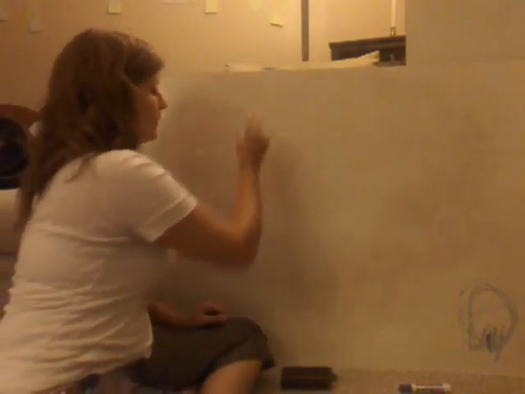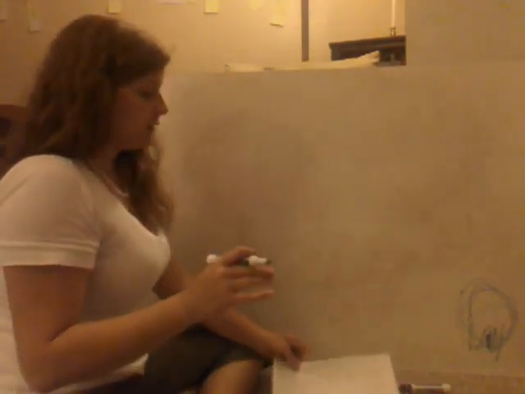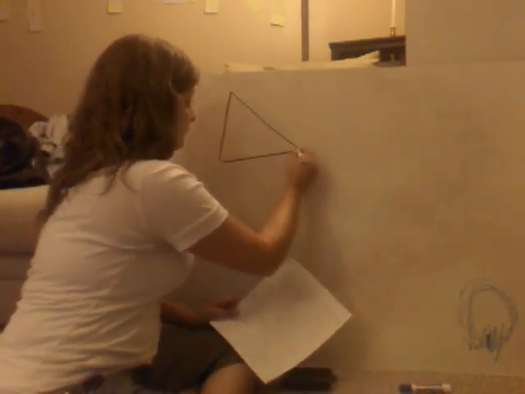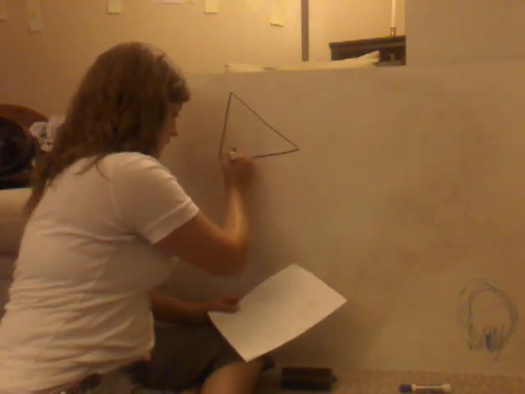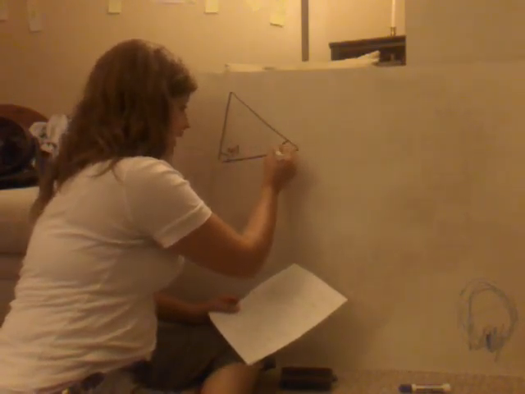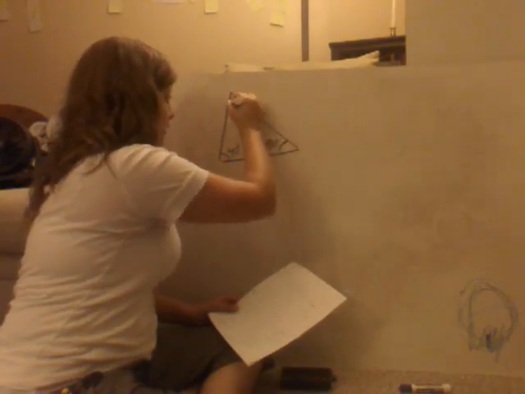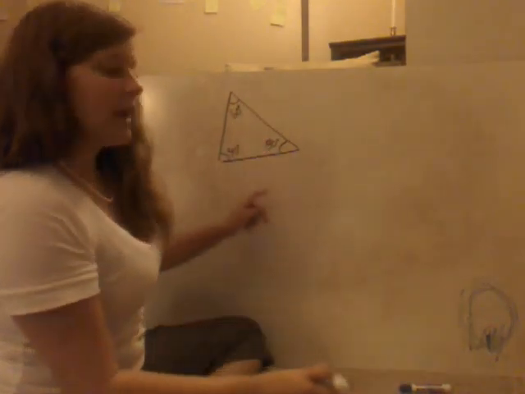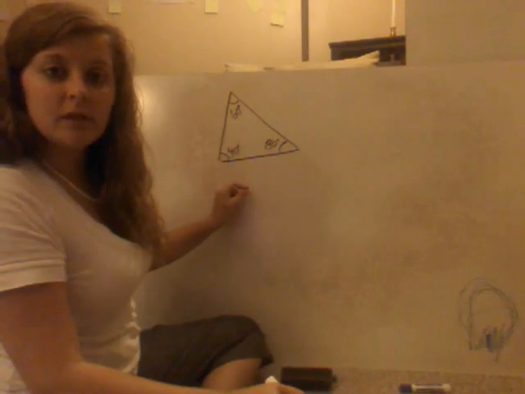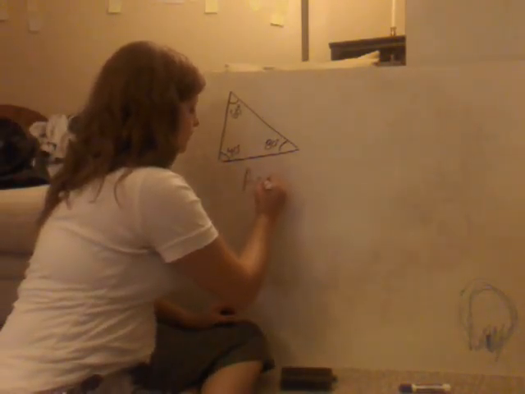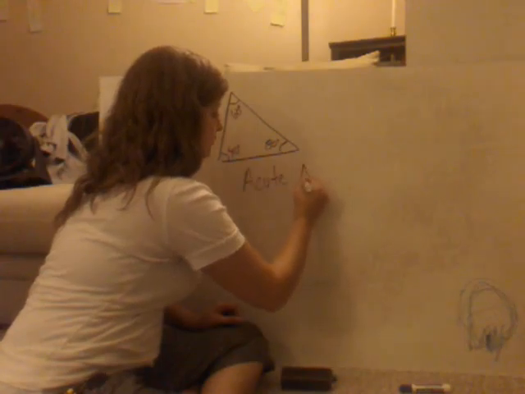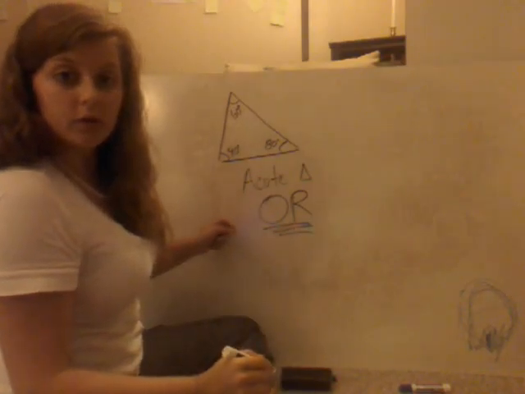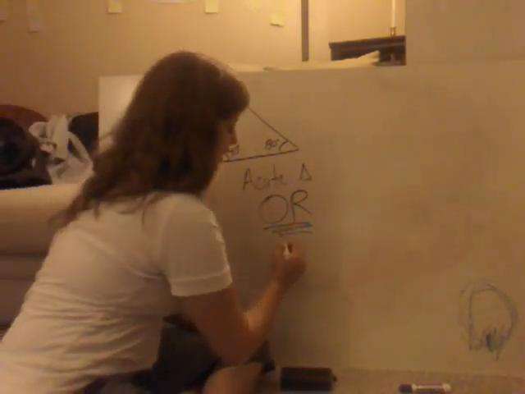Number 9. Now you could have labeled this a couple different ways. We had 40 degrees here, 80 degrees here, and 60 degrees here. Every angle is less than 90 degrees, so that makes it an acute triangle, and a scalene triangle.